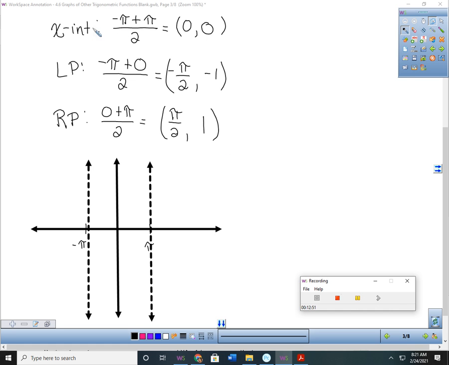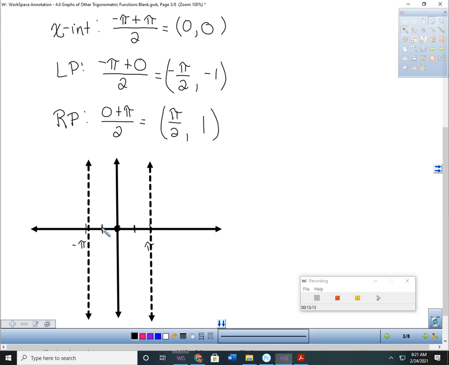All right, then I know that my x-intercept is 0, 0. So I'm going to put that point right there. And then I know that my left point is halfway, right, between the 0 and the pi. That represents the negative pi over 2. I actually never label these halfway points between the intercept and the asymptotes, just because it's hard to draw my graph in.